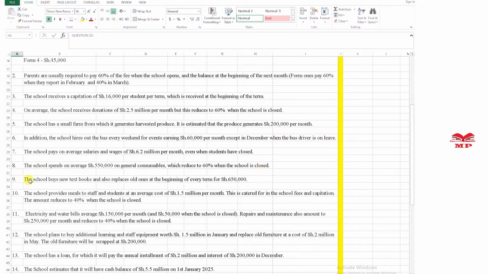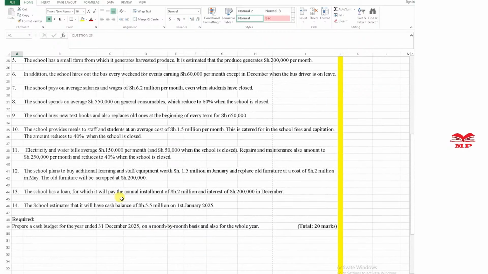Number 9, the school buys new textbooks and also replaces old ones at the beginning of every term for 650,000.